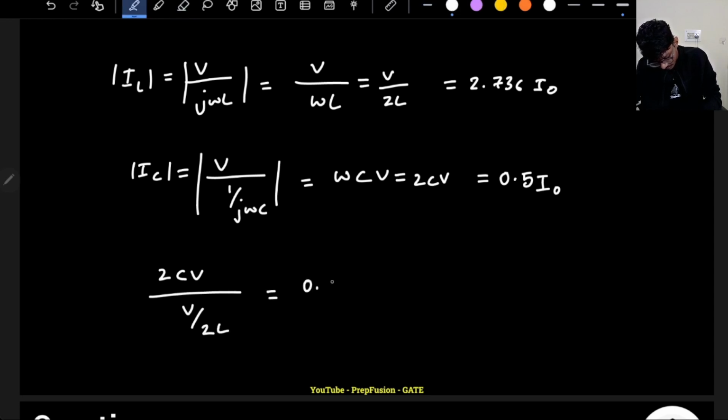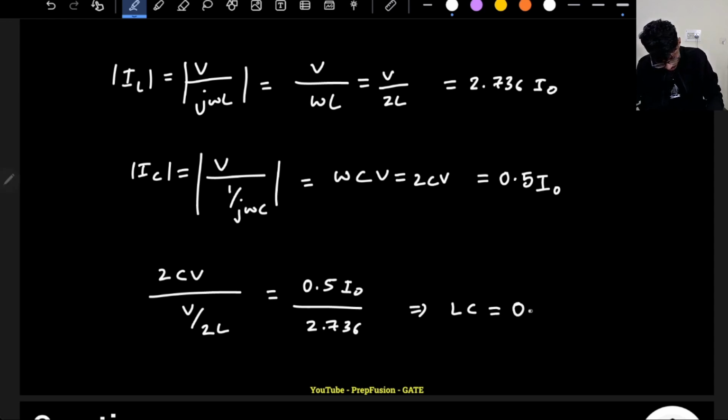Here it will be 0.5 I naught divided by 2.736. So this will come out to be LC. LC will be equals to, this 4 will go there, so this is 8, into 8, very low value.